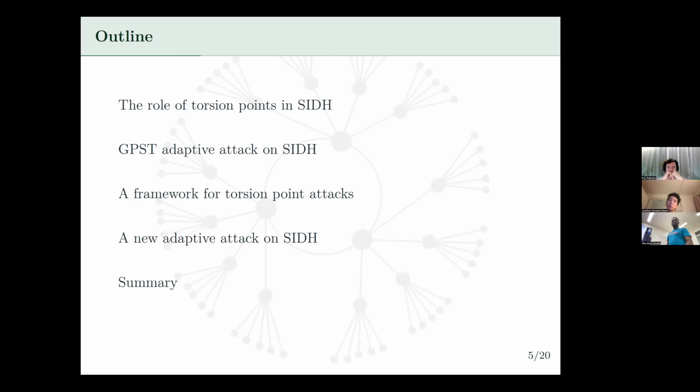We will then describe the general framework for torsion points attack, and we will show that the Petit torsion points attack fits into this framework, and that the Damien Robert attack, which is either inspired from the Castryck-Decru or a generalization of the Monnerat-Martindale attack, also fits into this framework. And if we have some time, we will briefly talk about the new adaptive attack that we published last year or earlier this year.